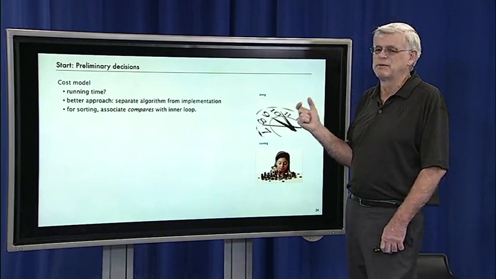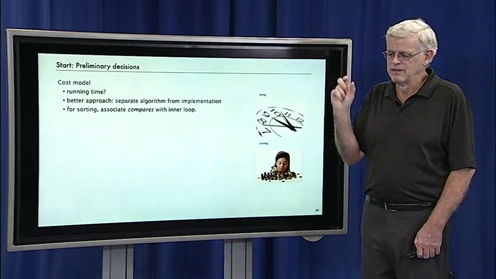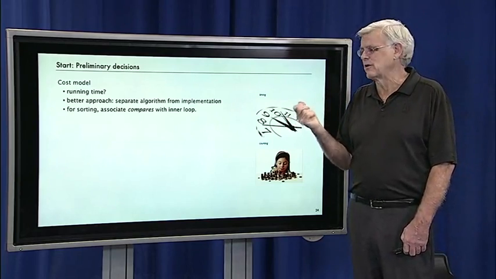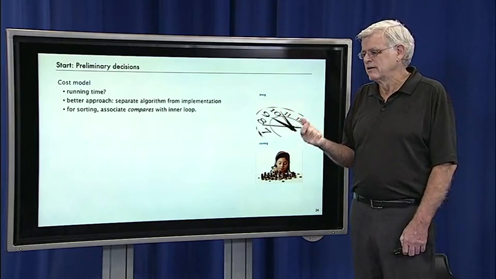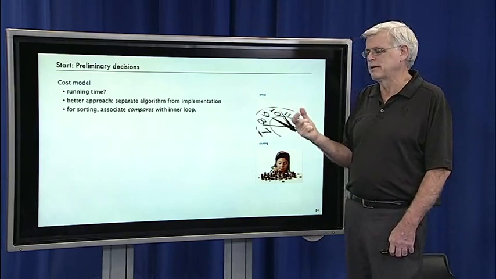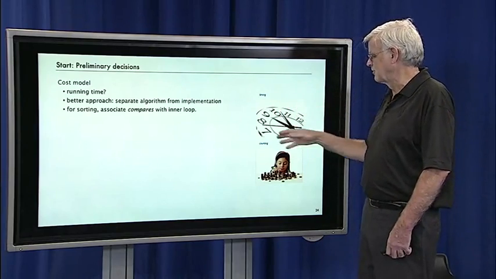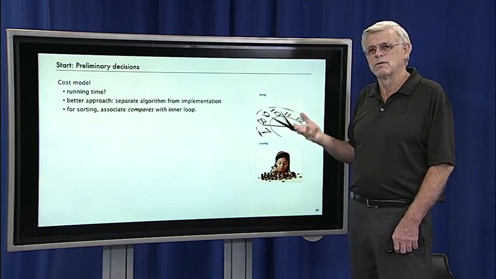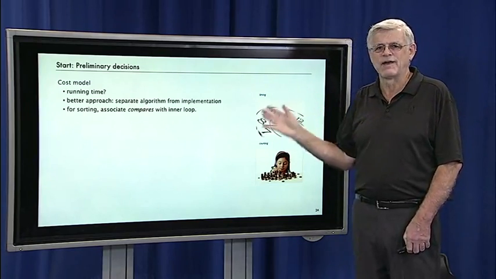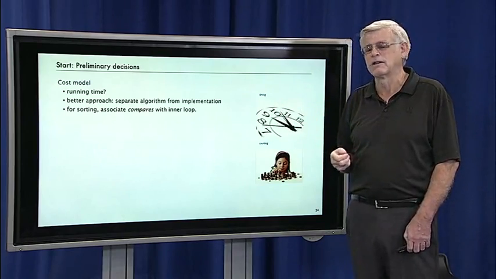For a sorting algorithm, that is compares. What the algorithm is doing most often is comparing two items. So let's just count compares. Counting compares takes us from time to just a discrete counting process, and that will mean that our analysis is valid for any kind of machine at all.